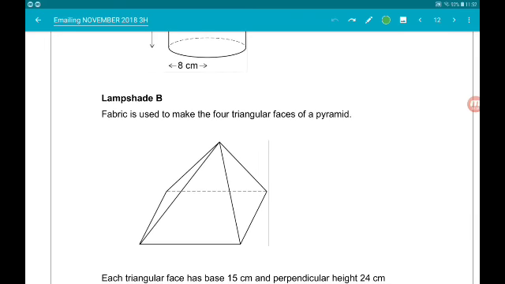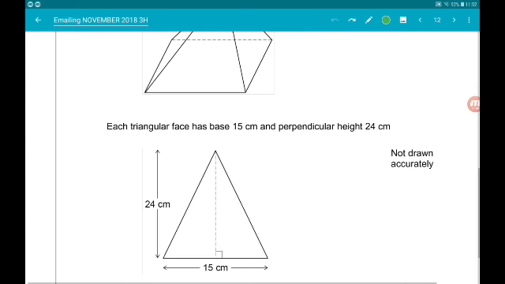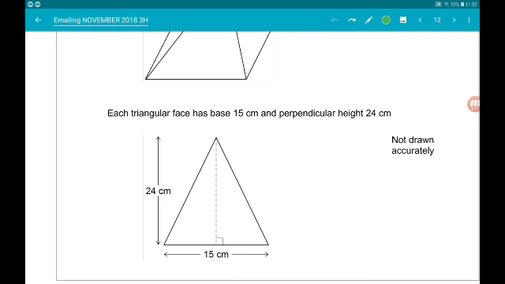Lampshade B, fabric is used to make the 4 triangular faces of a pyramid. Each triangular face has base 15 centimeters and height 24. So again, the square on the bottom is a hole, there's no fabric there, just the 4 triangles.